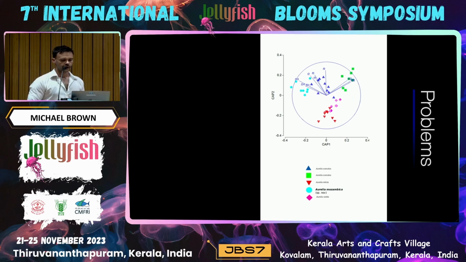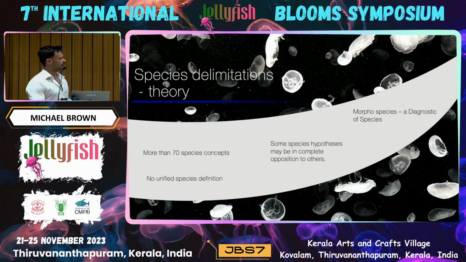If we look at species delimitation, we know at the moment we have nearly 70 species concepts. That's not particularly helpful or useful for us a lot of the time. There's no unified species definition, and Alan and I were talking about this the other day. Part of the reason is that some species hypotheses and species concepts may be in complete opposition to others.